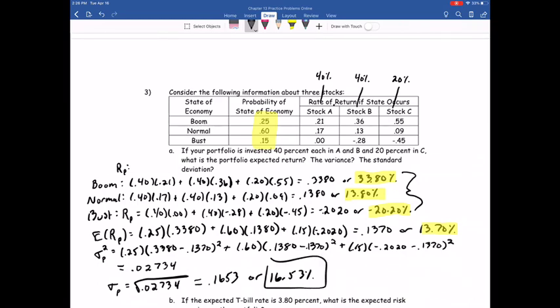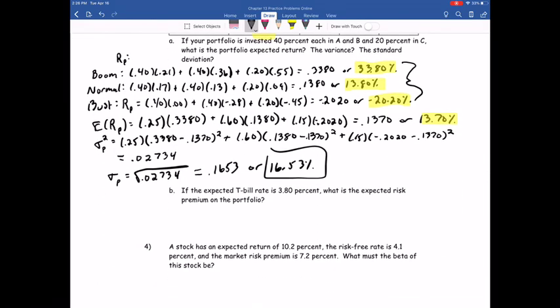Now, part B then deals with this risk premium. So it says if the expected T-bill rate is 3.8%, what is the expected risk premium on the portfolio? Well, hopefully you remember from the last chapter that the risk premium is the additional return that an investor requires to take on some additional risk. Well, that would be the difference between the expected return on that risky asset minus the risk-free rate.